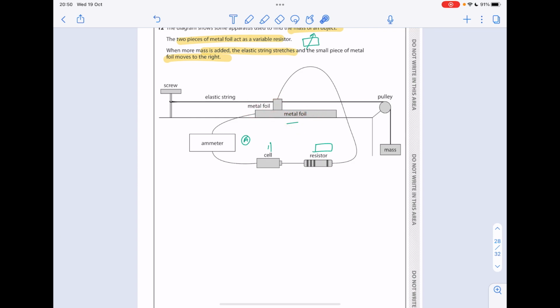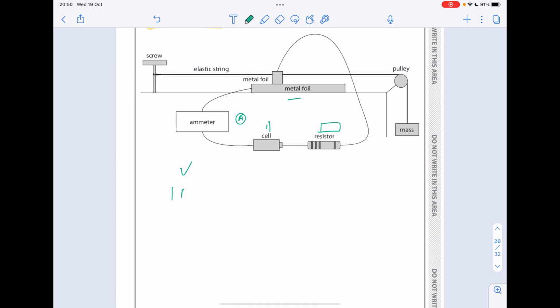So the crucial thing is, as that mass increases, total resistance increases, and according to V=IR, we know that the voltage from the cell remains constant. If that resistance value increases, by definition, our current value decreases.